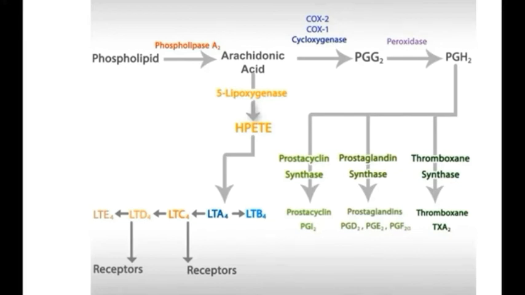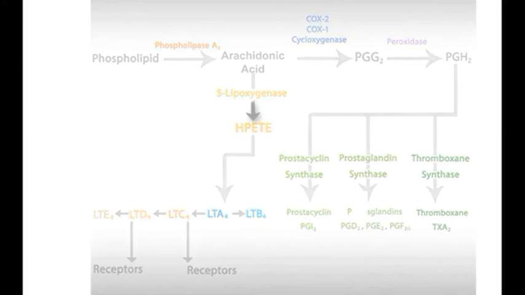Examples of leukotrienes are leukotrienes A4, B4, C4, D4, E4 and F4. Leukotrienes C4, D4 and E4 are often called cysteinyl leukotrienes due to the presence of the amino acid cysteine in their structure.